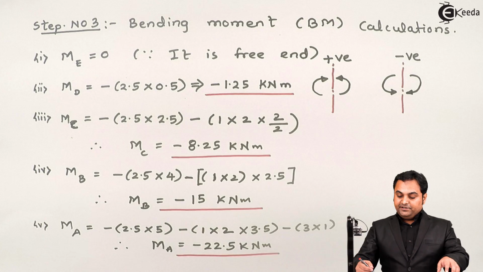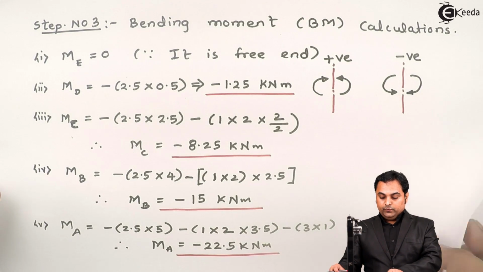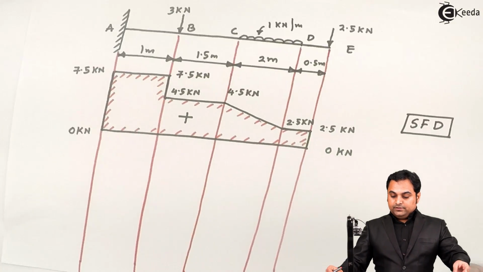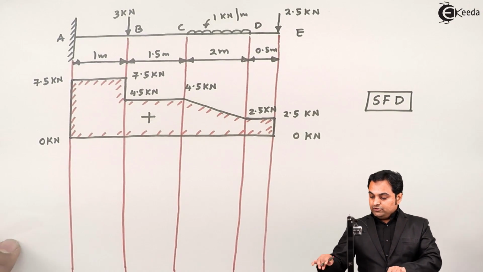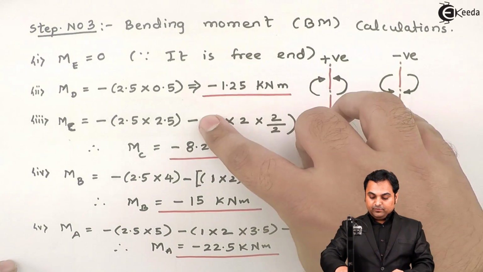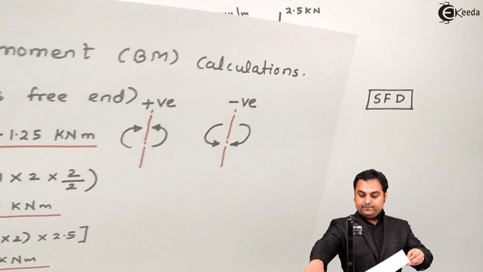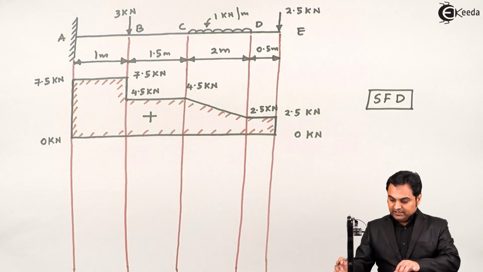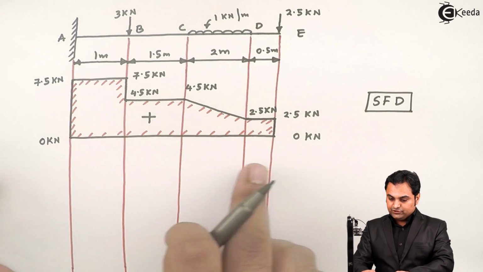Now after getting the bending moment at each and every point, we can plot it onto the bending moment diagram, and just by looking at the values of bending moment, I can say that all the bending moments are coming out to be negative. First I'll draw a zero line like I've drawn for shear force.